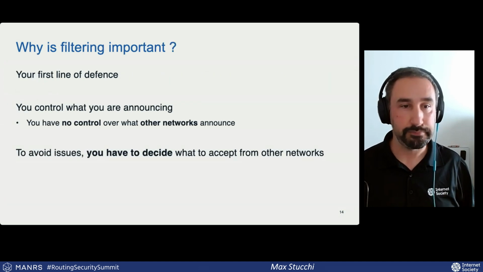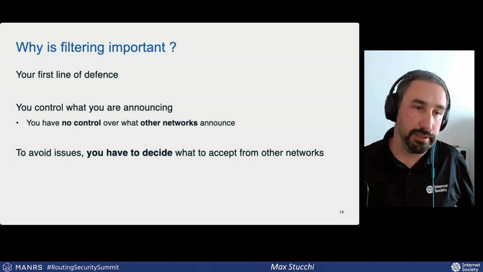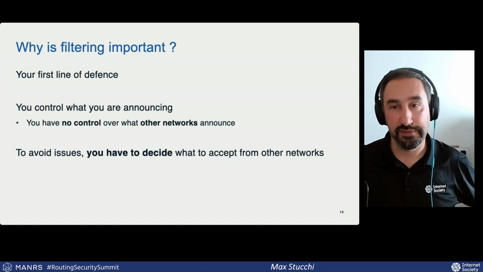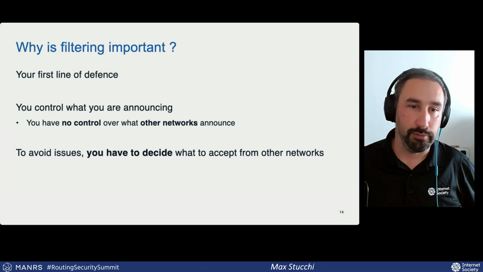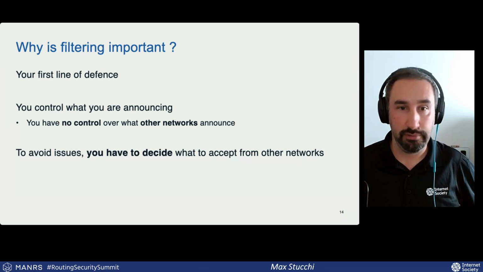everyone else. Now, why is it important? Because it's your first line of defense. If you don't allow a network to get into your routing table, you cannot reach that.